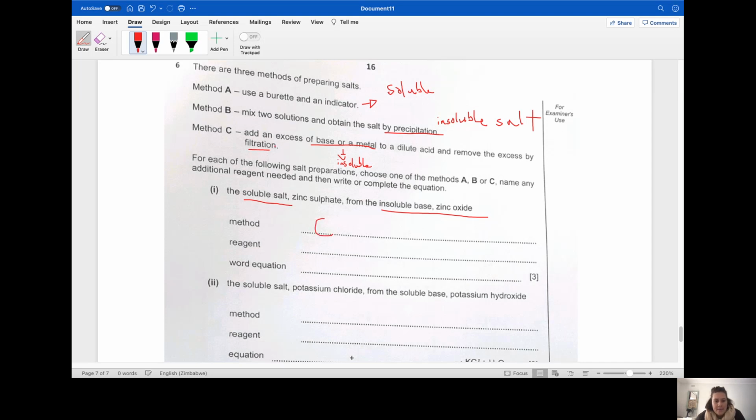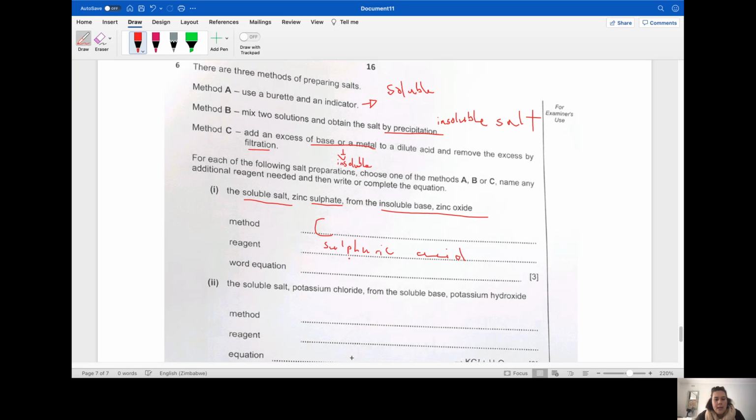Method C. I'm going to have to filter off this base because it's insoluble, it doesn't dissolve. The other reagent would be sulfuric acid because I need that sulfate. Sulfuric acid, that's where the sulfate is coming from.